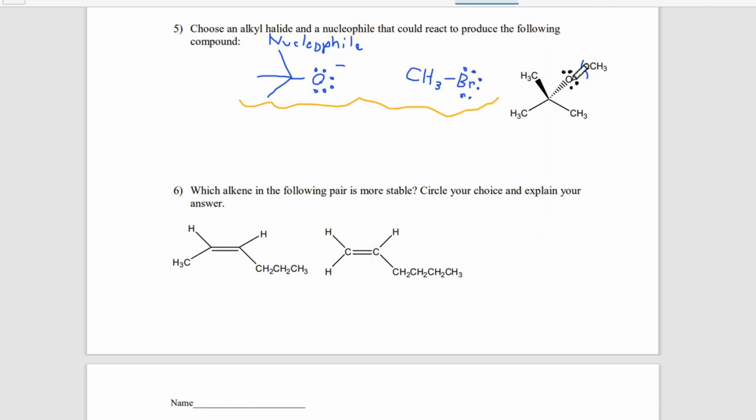Let's say the oxygen was originally on the methyl group, then the nucleophile could either be CH3O-, a methoxide, or it could be a CH3OH.